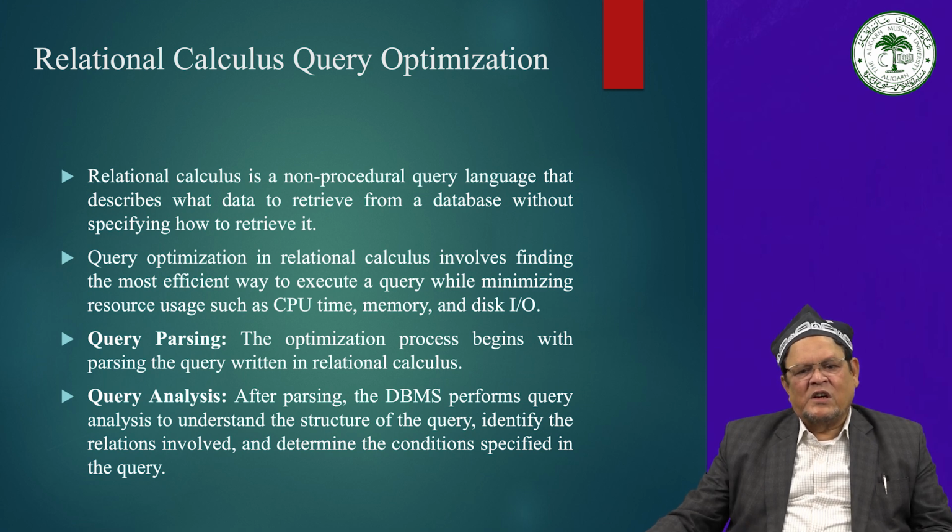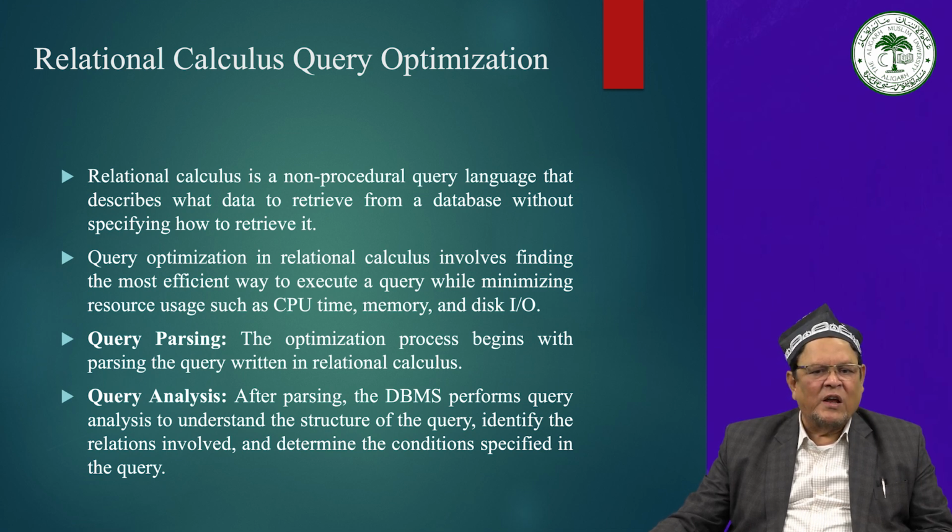In some advanced database management systems, query optimization is not a one-time process but an ongoing activity. The system may adaptively adjust the query plan based on runtime statistics and feedback to improve performance dynamically.